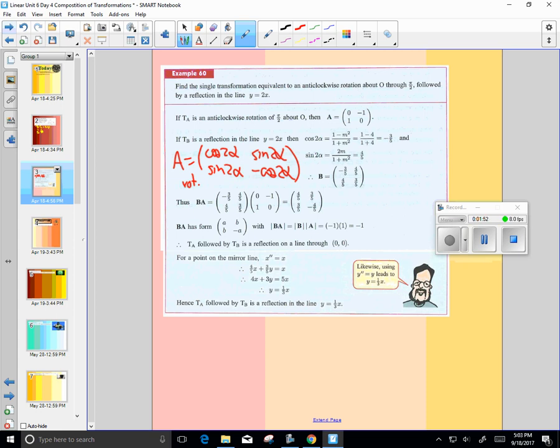For the slope, where you're reflecting about a line, the line reflection. Oh, great. I did that one already. This one was the line reflection. And then the other one is the rotation.